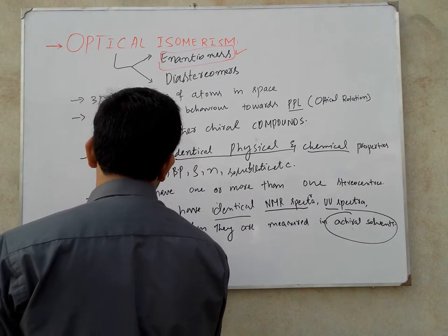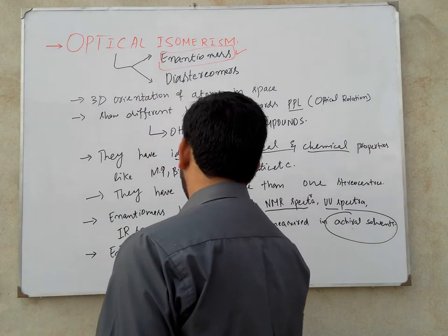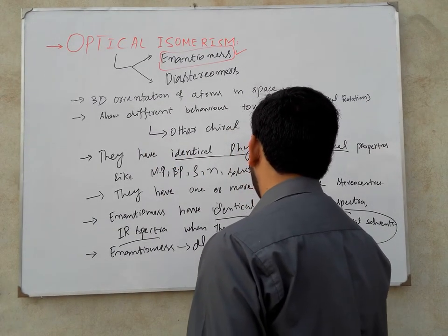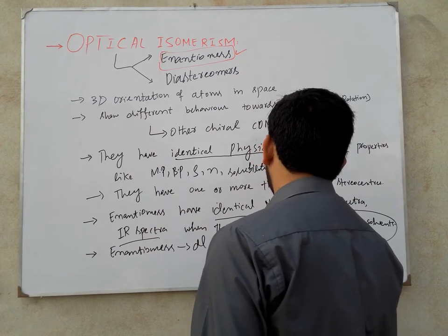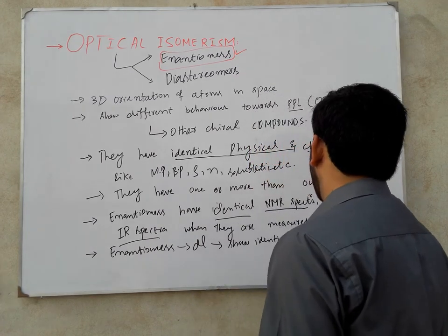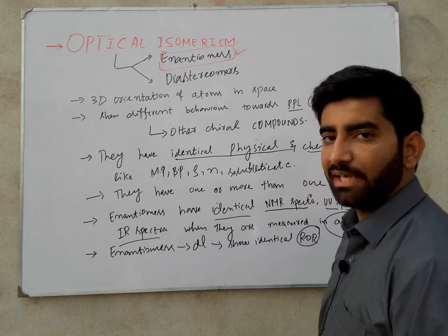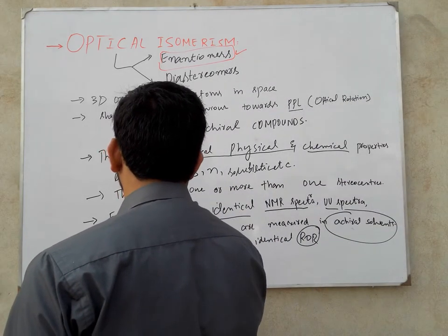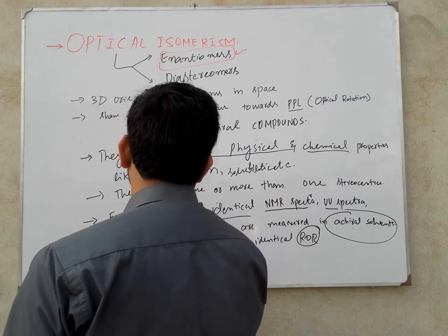Enantiomers, also known as DL pairs, show identical rate of reactions with achiral reagents.